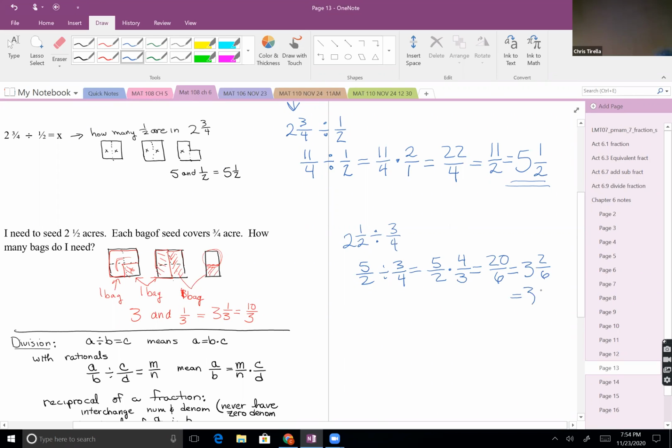And that reduces to 3 1/3. And we get that same result that we had gotten, seeing how many 3/4 shapes we could pull out of that 2.5.